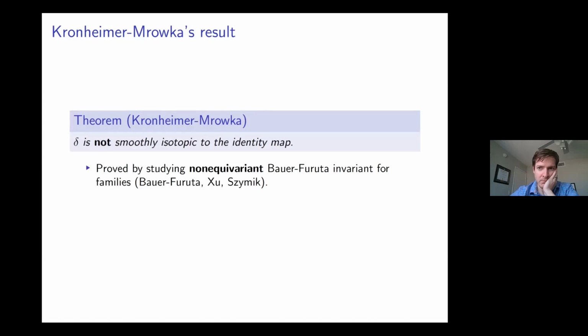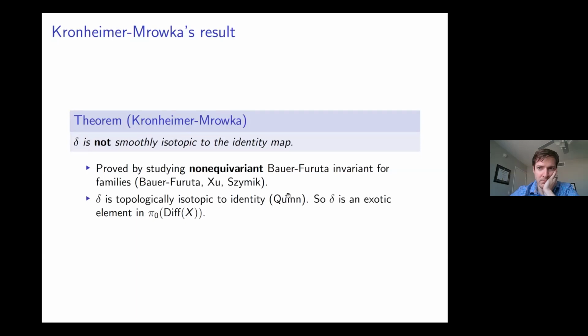This Bauer-Furuta invariant was first defined by Bauer and Furuta in the setting of a single 4-manifold, and later it was generalized to the family setting by Xu and Sudvik. Also, by a theorem of Quinn, notice that delta induces the identity map on homology, so it is topologically isotopic to the identity. Therefore, delta is indeed an exotic element in the diffeomorphism mapping class group of X.